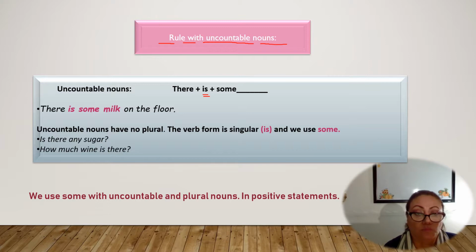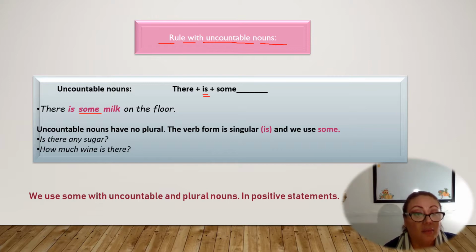But because I cannot count those articles, milk, juice, rice, and sugar, I'm going to add the word some because I don't know the quantity. Eso significa como algo. En español no digo, sí hay algo de azúcar. ¿Hay azúcar o no hay azúcar? In English I said some.